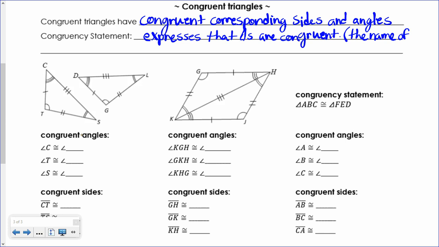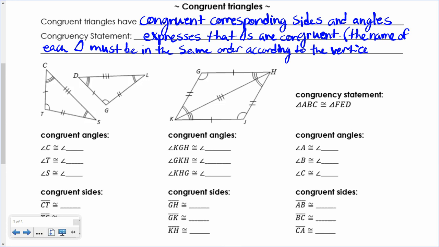The name of each triangle must be in the same order according to the vertices, and I'll explain that word in a second. Write that in parentheses. The name of each triangle must be in the same order according to the vertices.